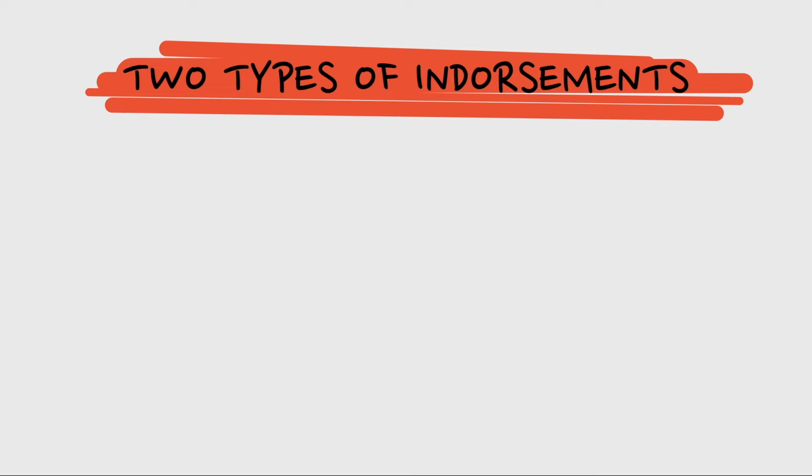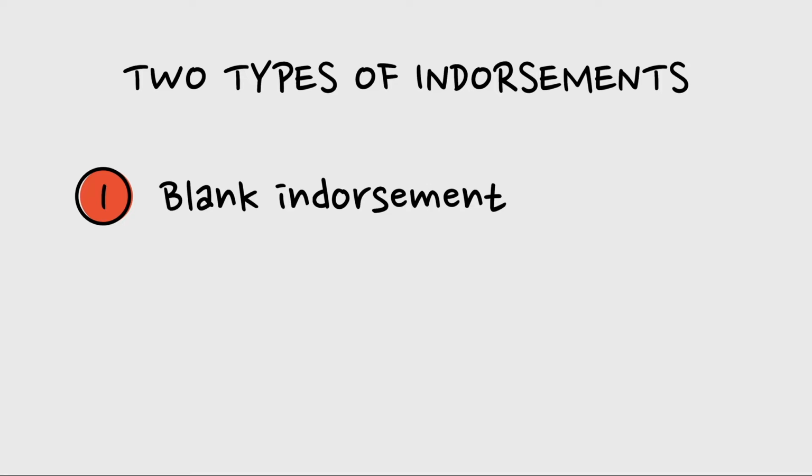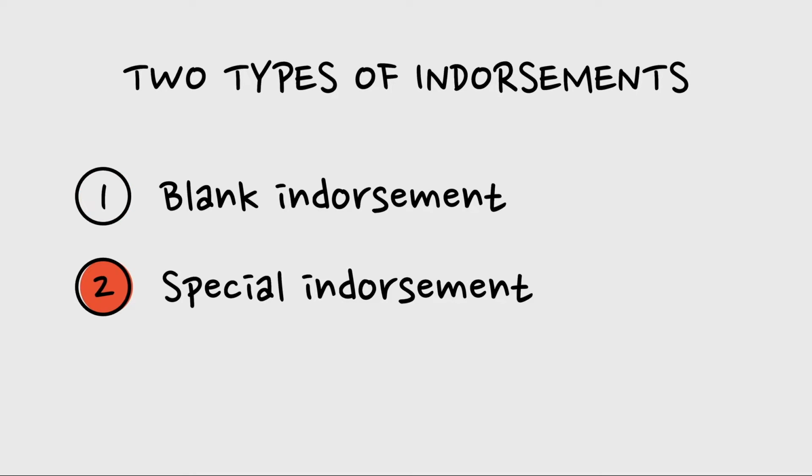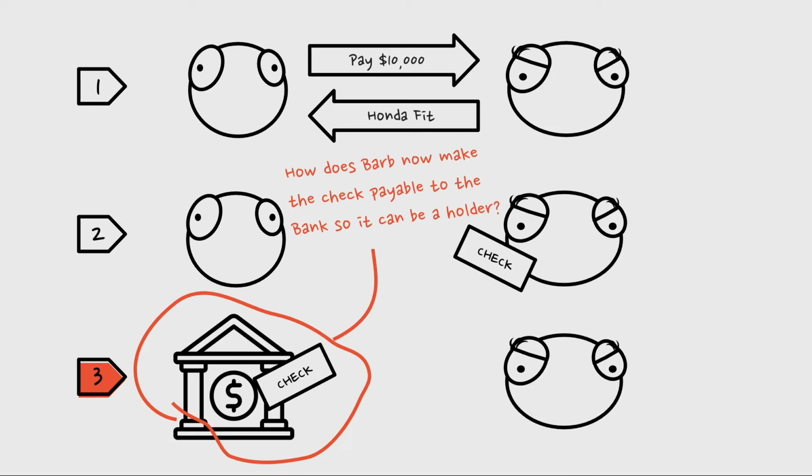And there are two types of endorsements. One is what's called a blank endorsement, which frequently is what people do with checks, and we'll talk about what it is. And then the other is called a special endorsement. If we're looking at this situation where Barb, again, let's assume the check, when it was issued, was made payable to Barb.